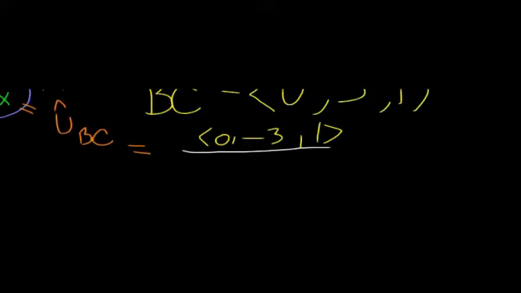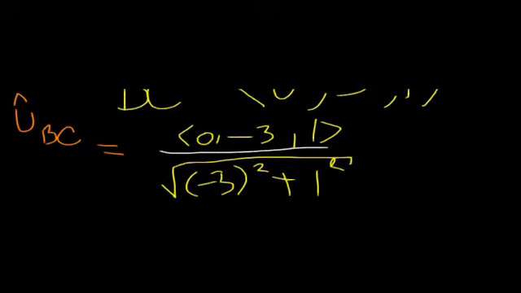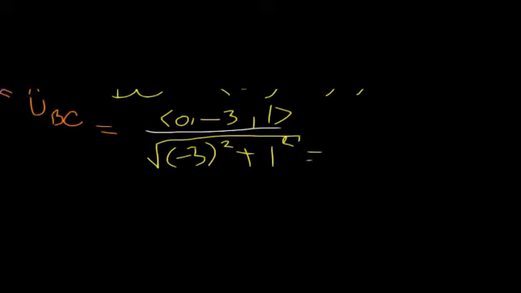Divided by the magnitude of the vector, which is 0 squared, which is 0. I'm not going to write that down. Negative 3 squared, that's 9, plus 1 squared. This is the square root of 10.